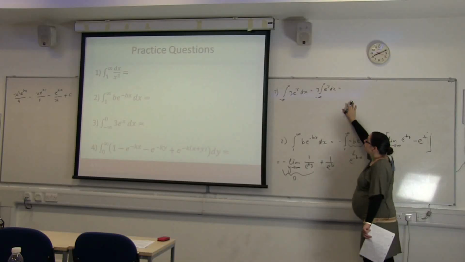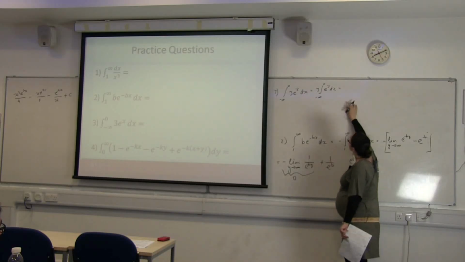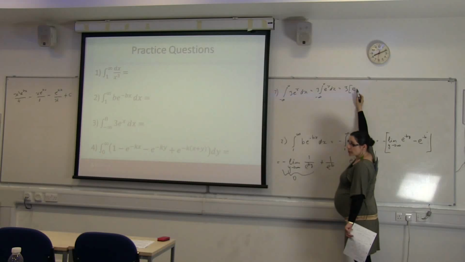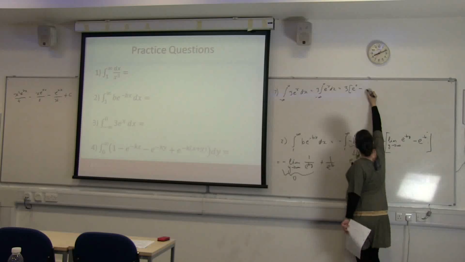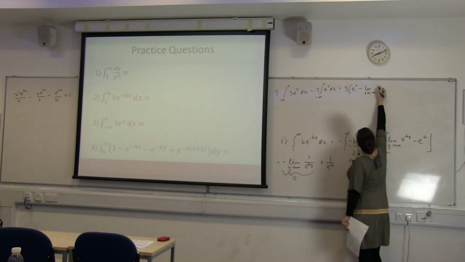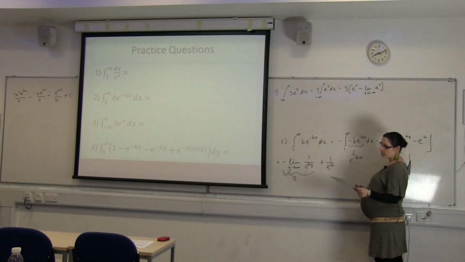So what is the integral of e to the x? E to the x. So it's 3 times e to the x when x is equal to 0. So that's e to the 0 minus the limit, as the bottom limit a tends to negative infinity, of e to the a. Because that's your bottom limit now.